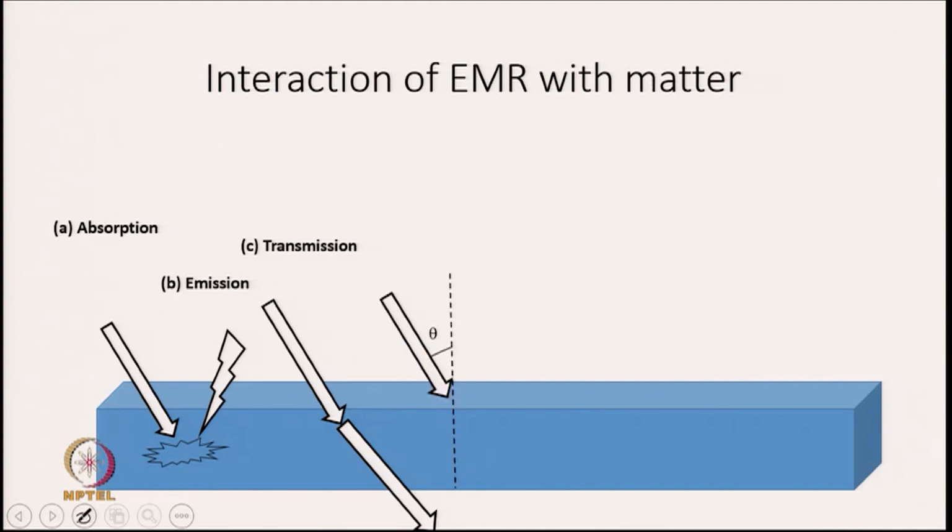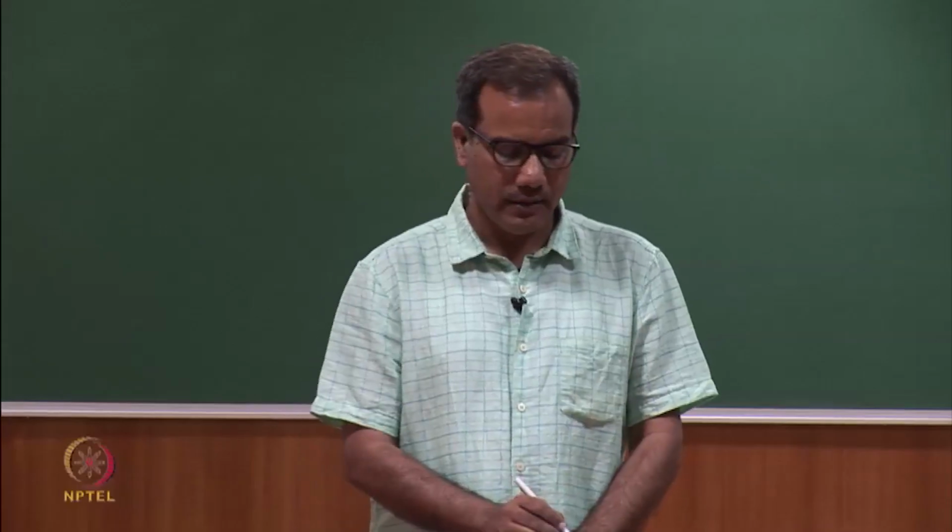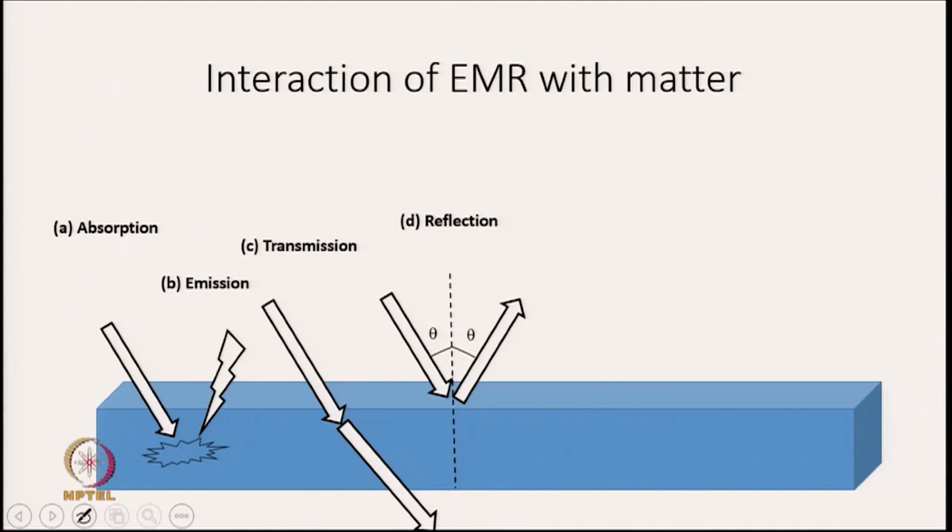Again, the third scenario is that after interaction of EMR with matter, the electromagnetic radiation can get reflected, and reflection is when the angle of incidence with the normal is equal to the angle of reflection. When electromagnetic radiation falls on the matter, it can undergo refraction.